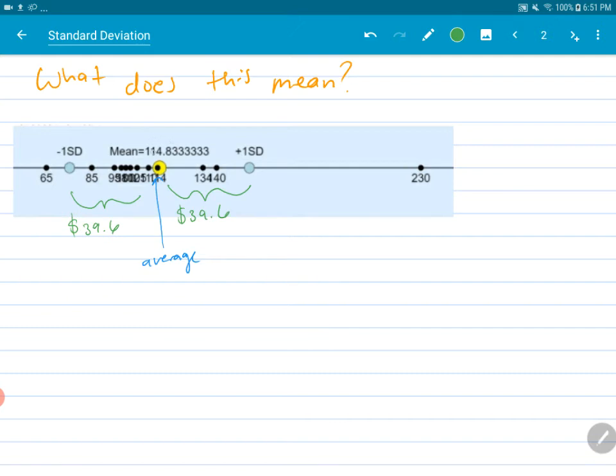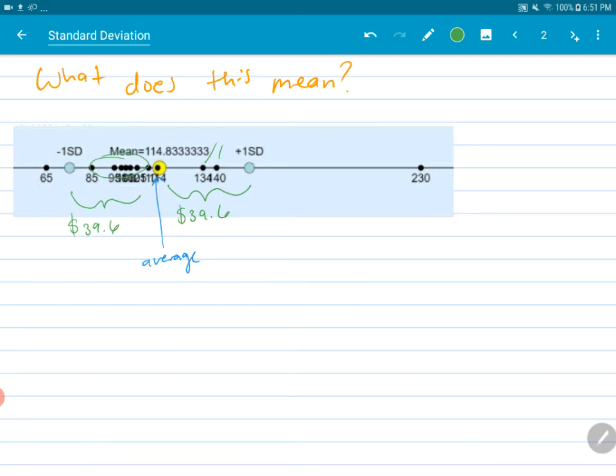So if the mean is $114, that he's spending an average of that much money every month, then two of his pieces of data that he collected on how much he's spending are actually within $39.6 above the average. And 1, 2, 3, 4, 5, 6, 7, 8 pieces of data here, all of those, if you count those up, fall within $39.6 below the average.